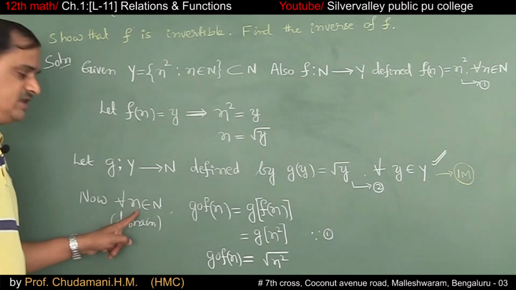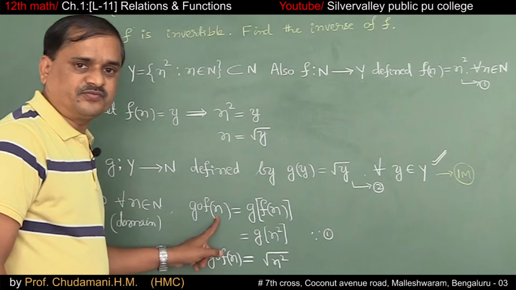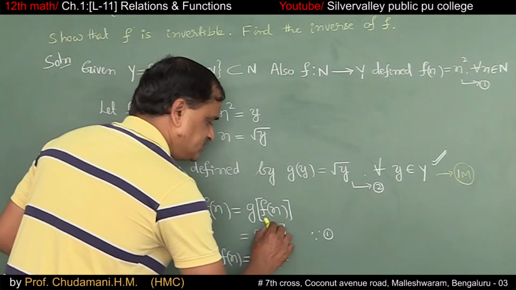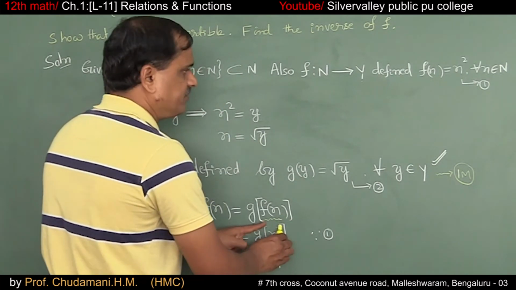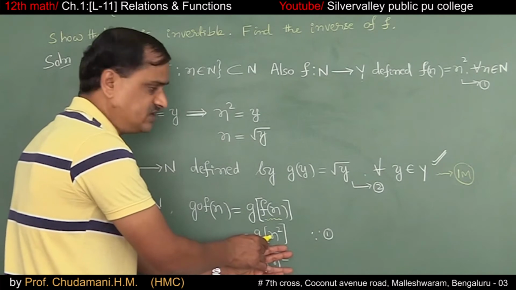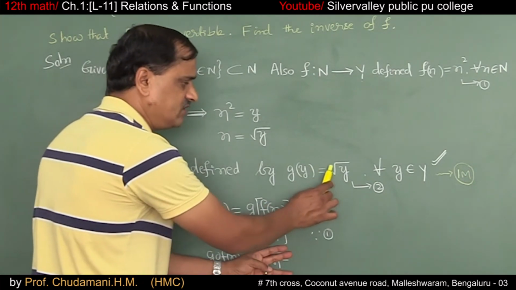Now for all n belongs to capital N, that is the domain, gof of n is equal to g of f of n. Observe f of n. F of n is nothing but n square, so g of n square. This is of the form g of y. G of y means root y.